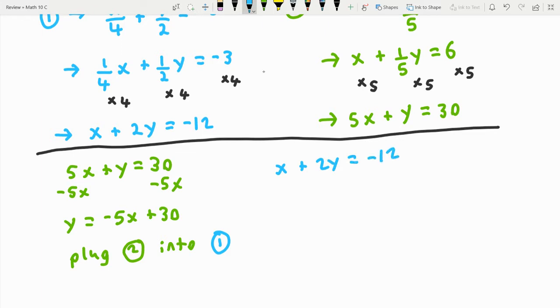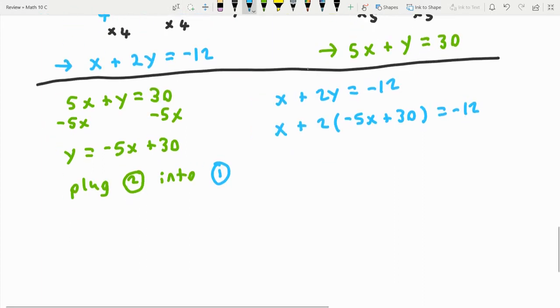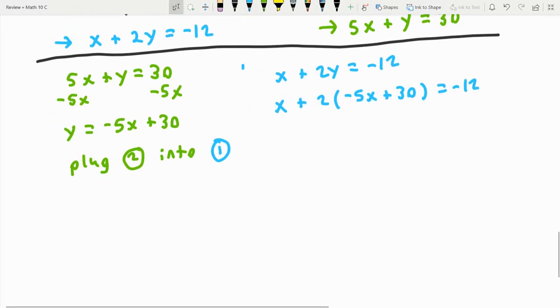So if I plug equation 2 into 1, what I have would be x plus 2 times negative 5x plus 30, and that equals negative 12. Okay, so let's simplify.